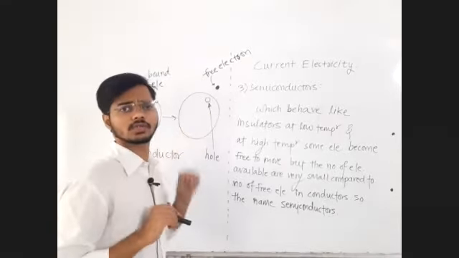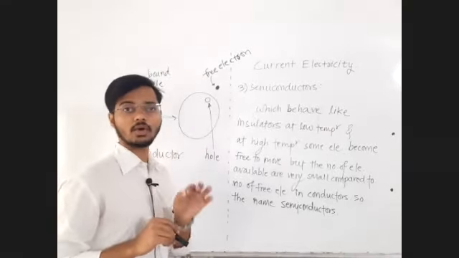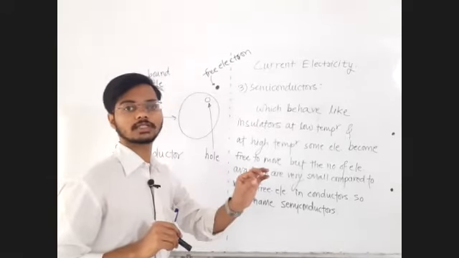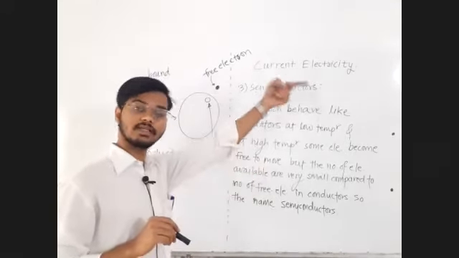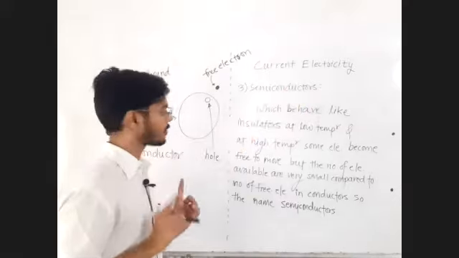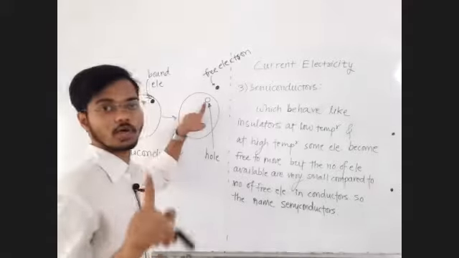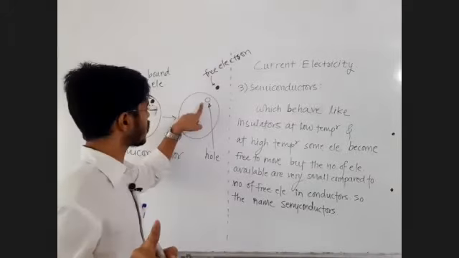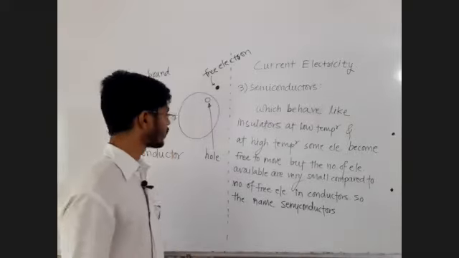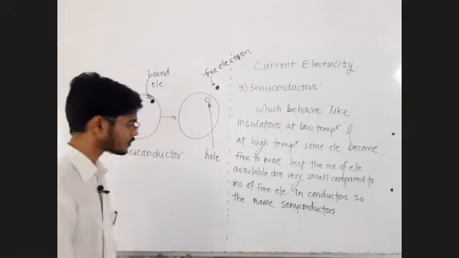These holes can also contribute to the flow of charges. How? That we will learn in the chapter called semiconductors. But in semiconductors, both electrons as well as holes can contribute to the flow of electricity.